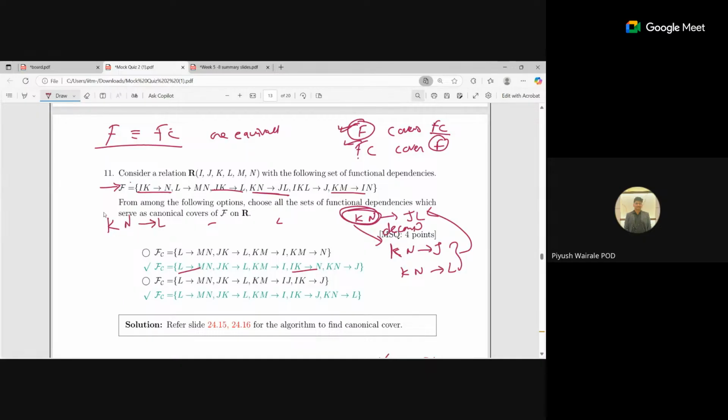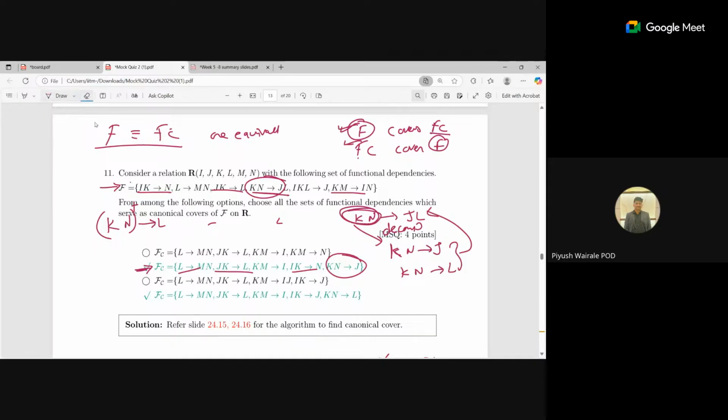Now can we get KN determines L using option B? Are we getting L if I take the closure of KN based on option B? Yes, KN gives J and JK gives L. So we are getting this one.